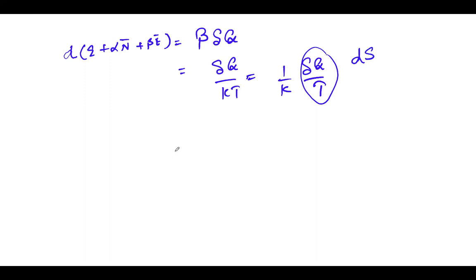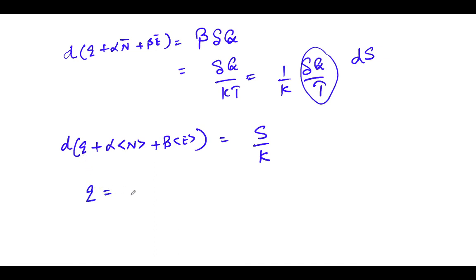d of S. So this equation becomes dq plus alpha times the expectation value of n plus beta times the expectation value of E, so that is equal to S over K. So from this we can find the value of this parameter which we have introduced, that is this Q potential.